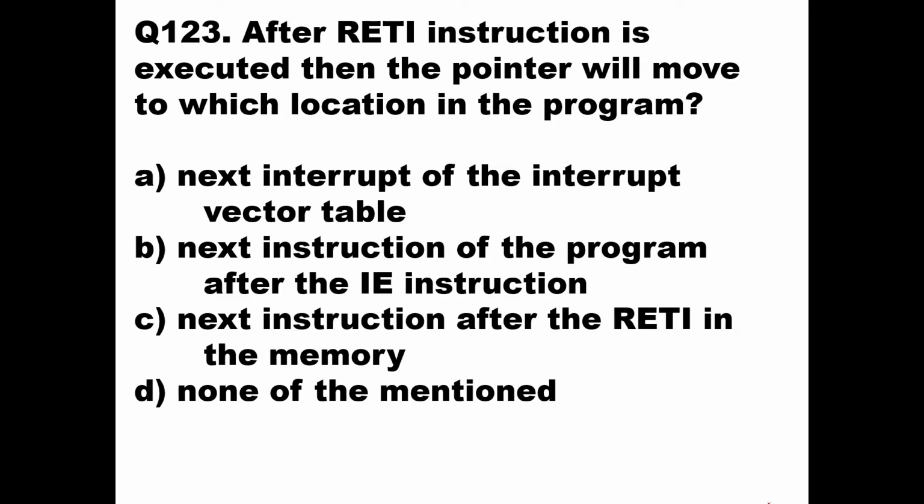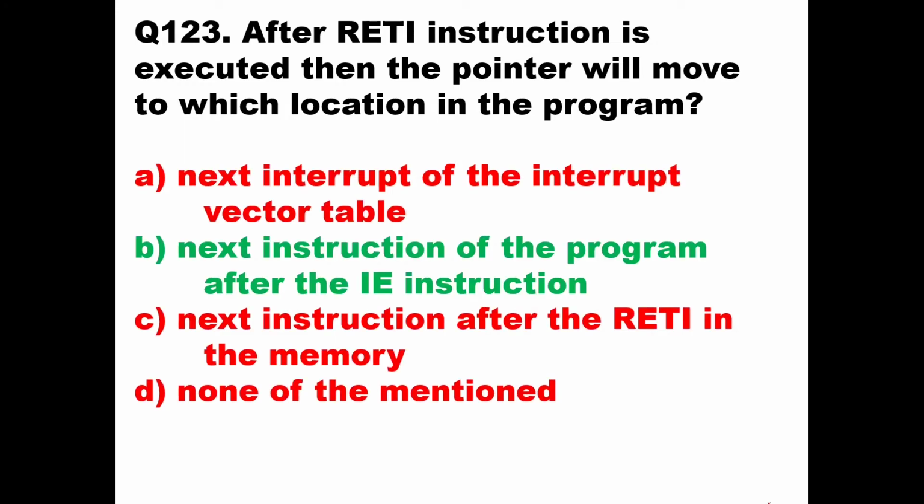At the end of the interrupt service routine, we will have RETI. After that, it has to come to the next instruction in the main program where the interrupt was enabled. So out of these options, the next instruction of the program after the IE instruction, that is the interrupt enable instruction, option B will be the right answer here.